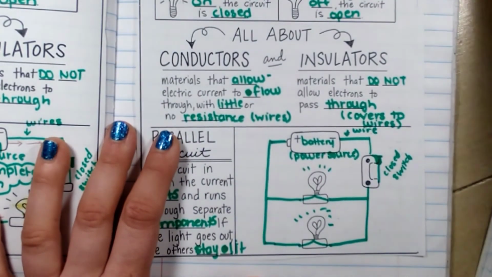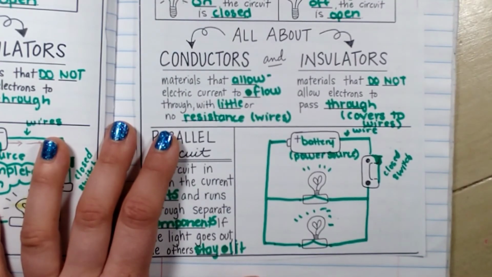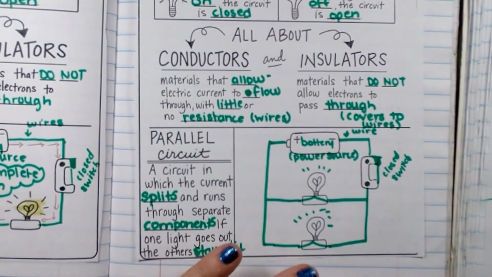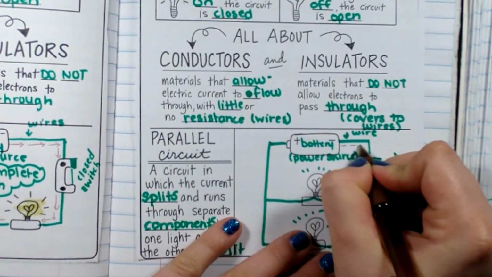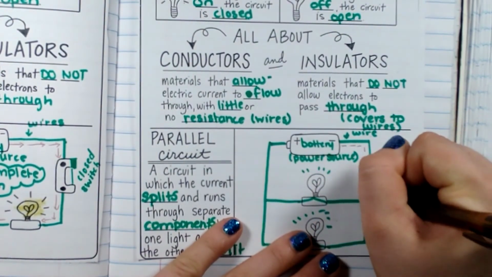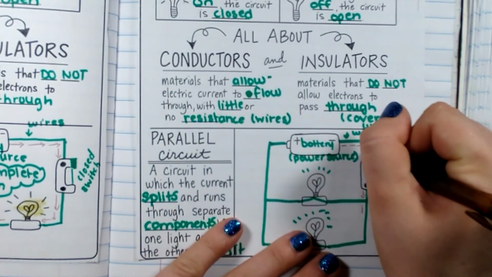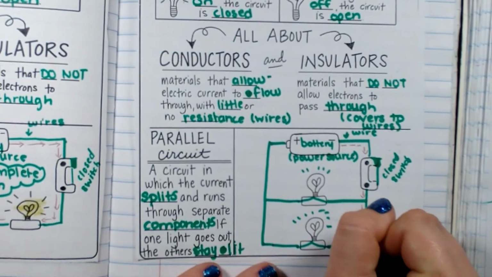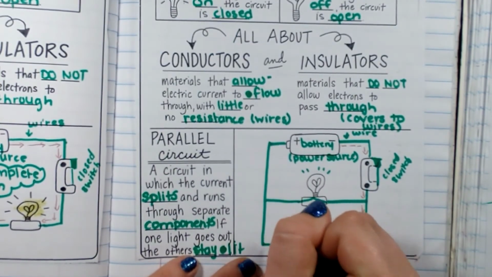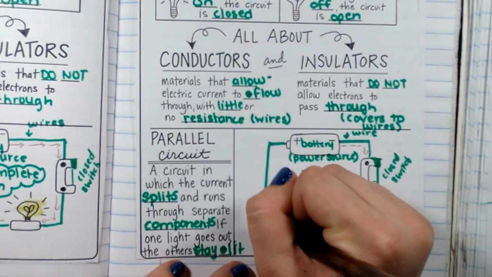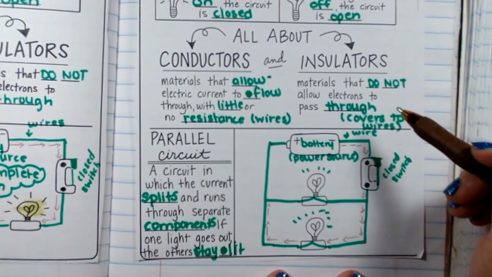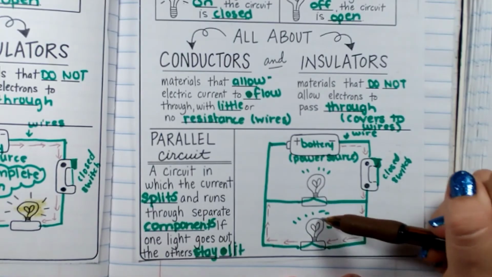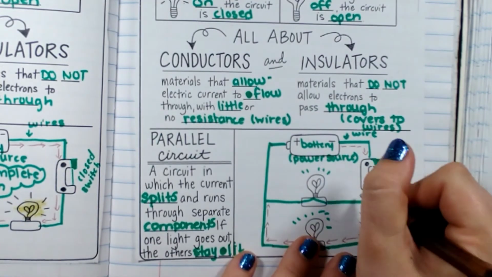Okay. Now, for my pathway, here is the flow of electrons. This is one pathway. So if this light bulb was broken, then the electricity could go this way.